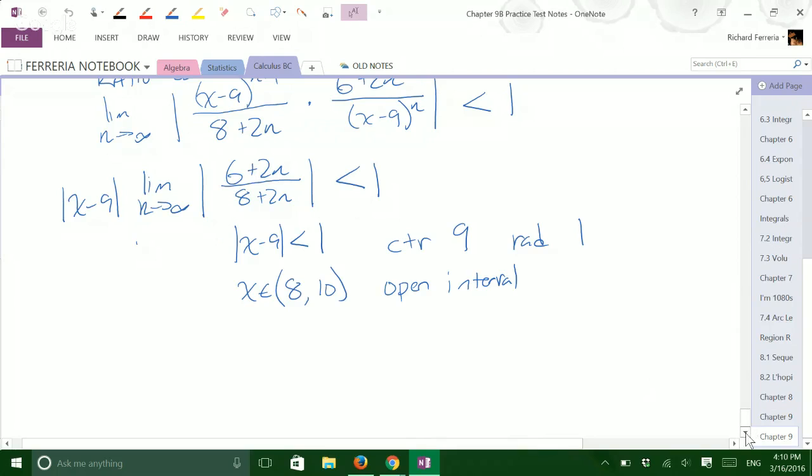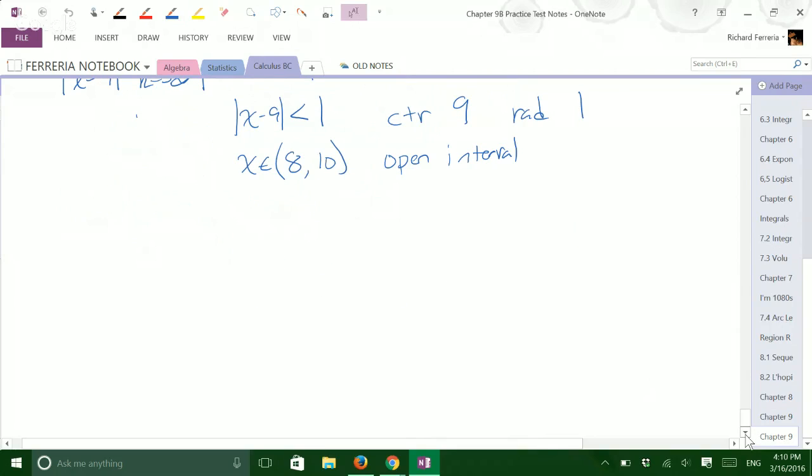Now we got to test endpoints. So endpoint test. Let's check our endpoints. The first endpoint is x equals 8.